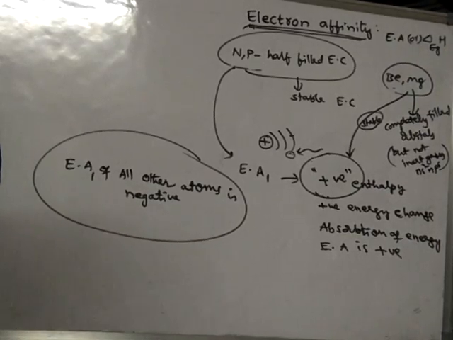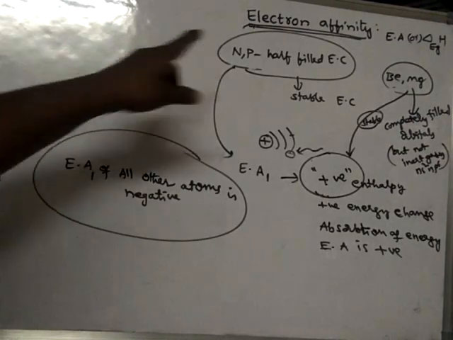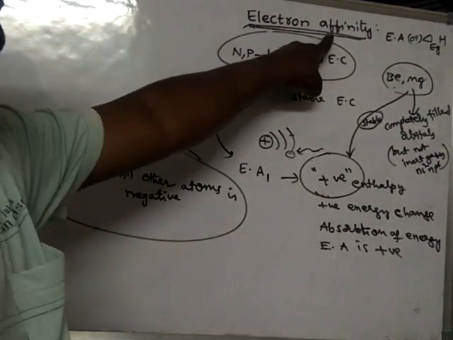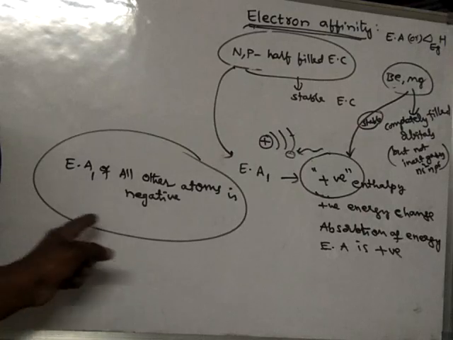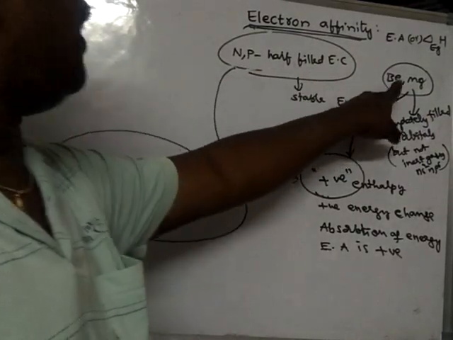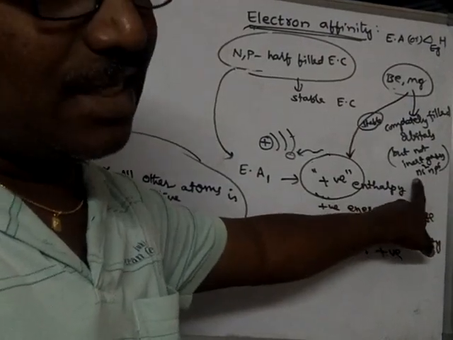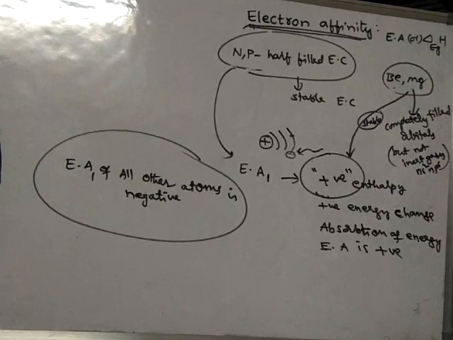Rarely will we discuss second and third electron affinities. In general, if someone says electron affinity, we consider it to be the first electron affinity. So except nitrogen, phosphorus, beryllium, magnesium and inert gases, the electron affinity of all other atoms will be negative.